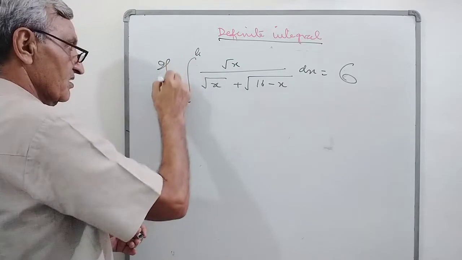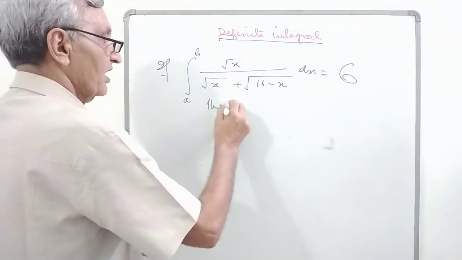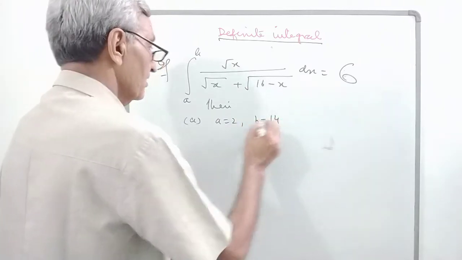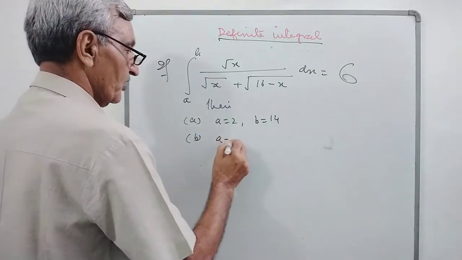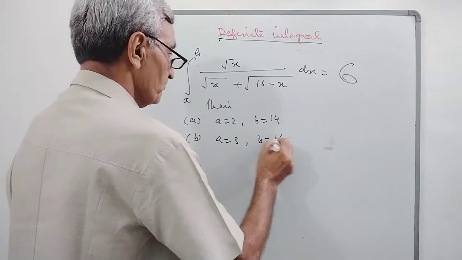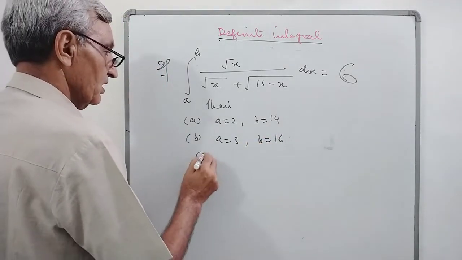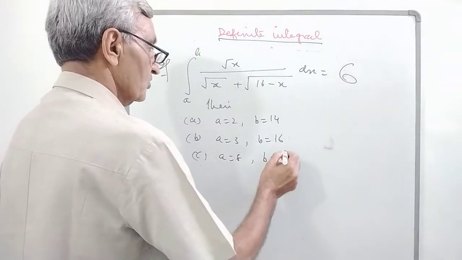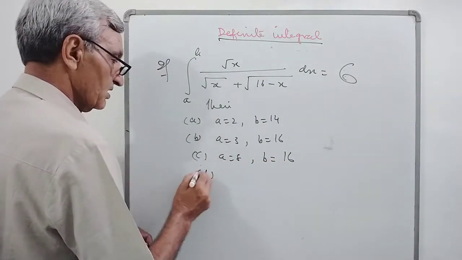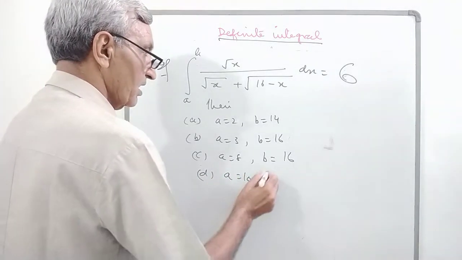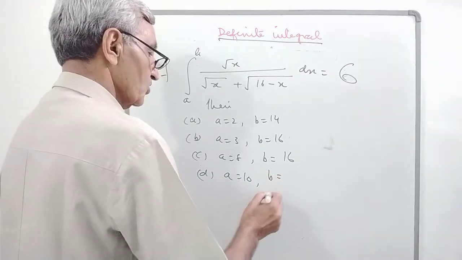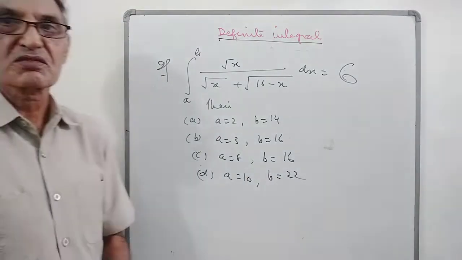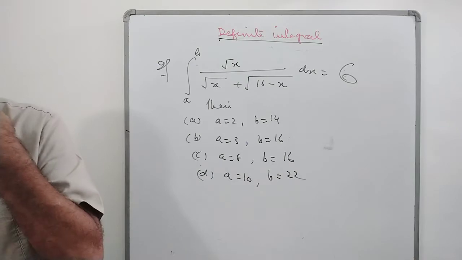If this is 6, then what will a and b be equal to? A is equal to 2, b is equal to 14. B, a is equal to 3, b is equal to 16. C, a is equal to 8, and b is equal to 16. And D, a is equal to 10, and b is equal to 22. What is the choice? The question is here.